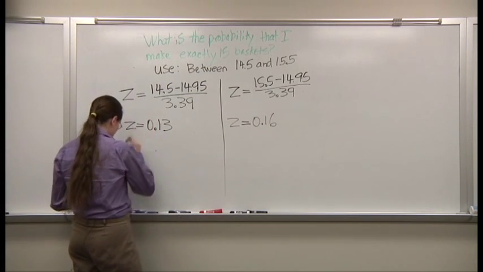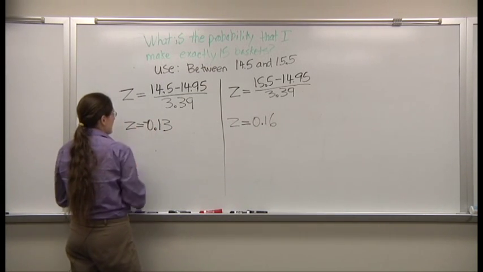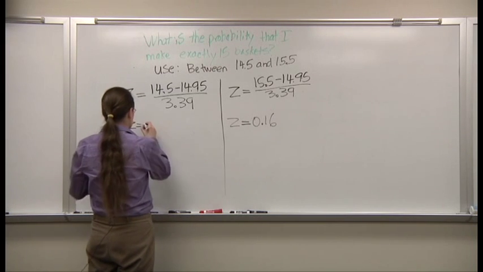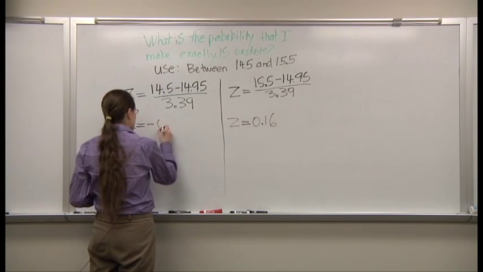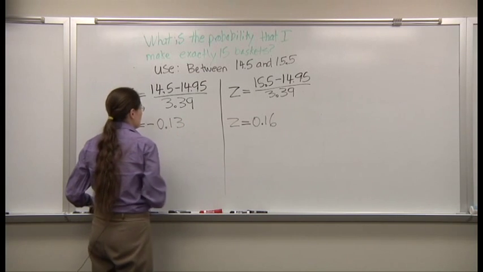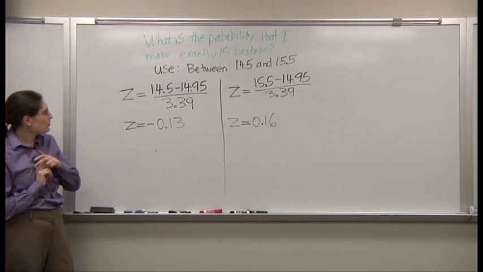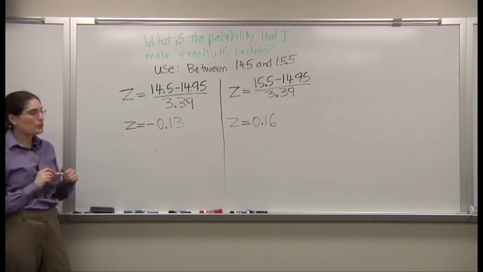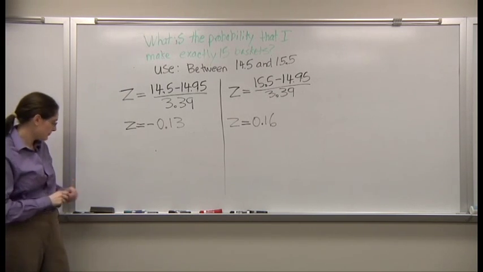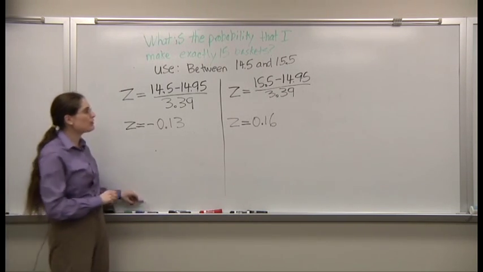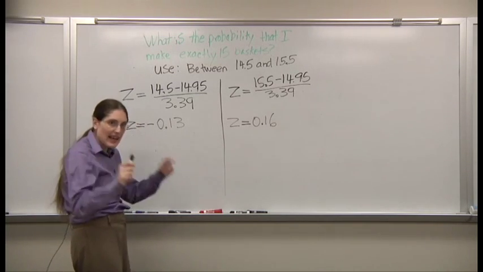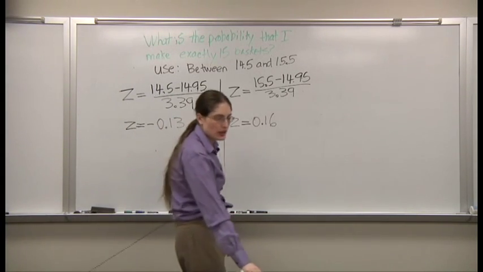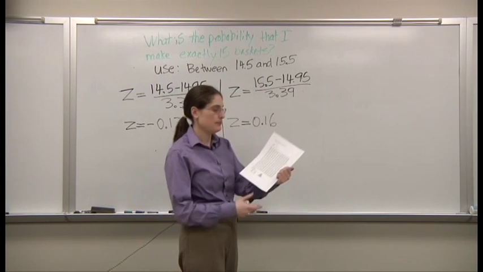And this one, of course, will be negative. Negative 0.13 and positive 0.16. And what do we do with each of those values? Yes, we look them up on the z-table.